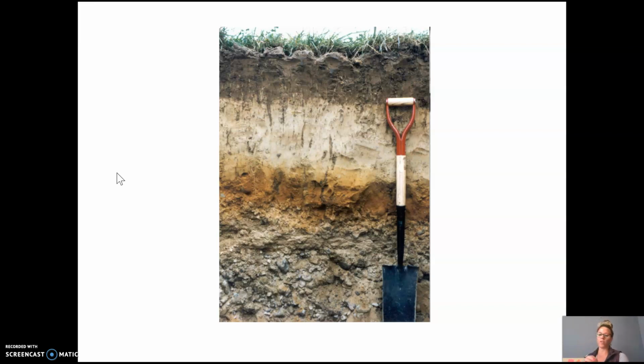What we do see, though, is that the layers above, the zone of leaching, have a finer texture, right? That means the grains are a lot smaller. So we have small particles, and then we move on to larger particles as we move down into this bed.